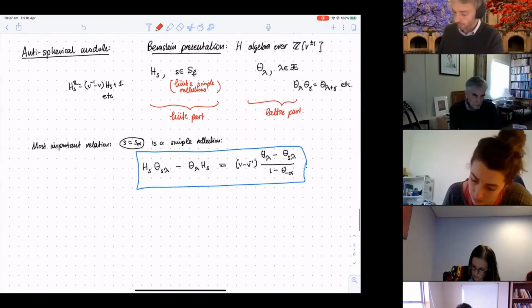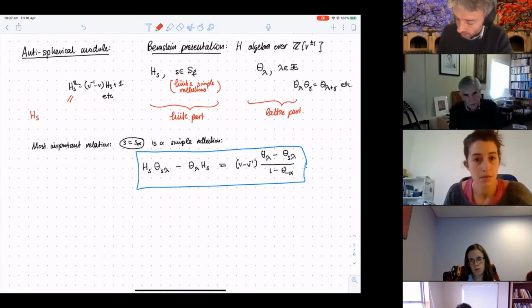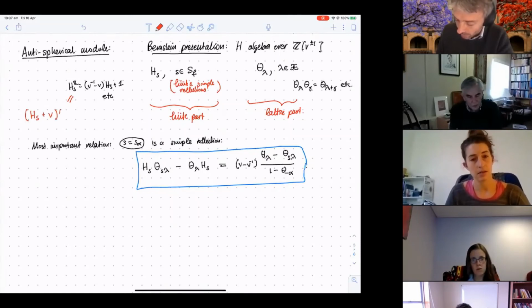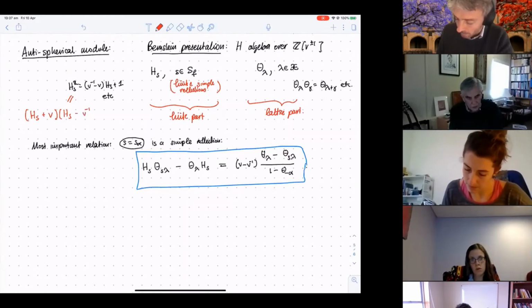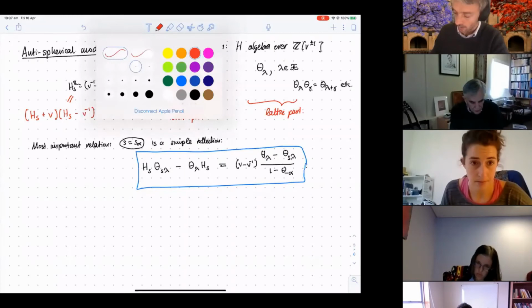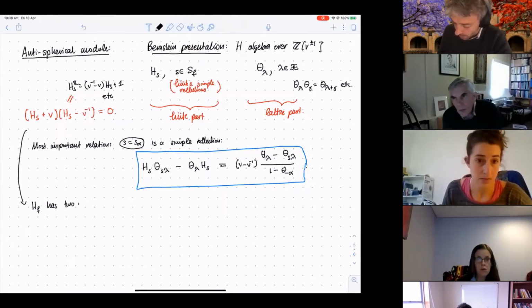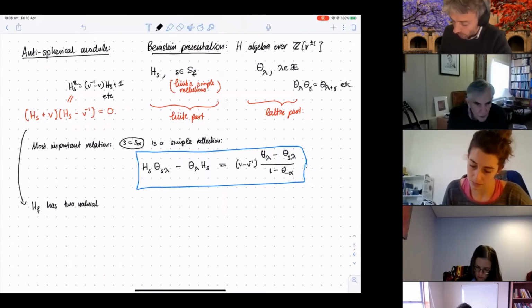So we can rewrite this relation up here as being that HS, and this tells us that HF has 2 natural rank 1 modules.